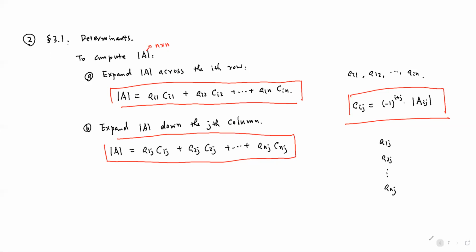Now section 3.2. What is 3.2 about? Section 3.2 is about computing a determinant by reducing the matrix A to echelon form, determinants and row operations or row reduction.